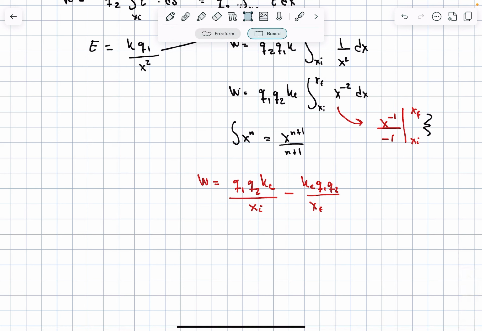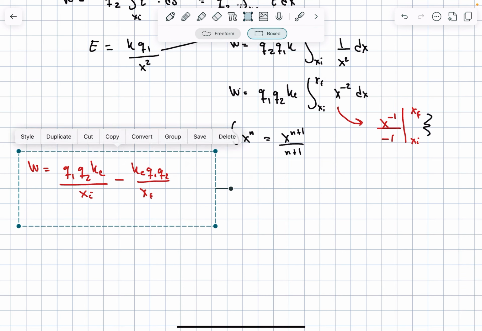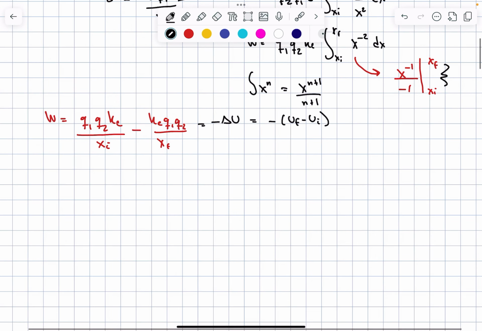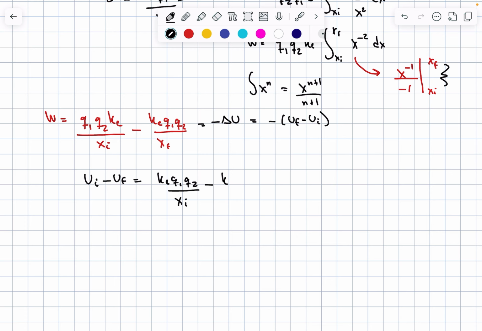Now, by definition, we know that the work is equal to the negative change in potential energy, which is equal to negative U final minus U initial. If we look at this here, I'll rewrite it one more time. So we have U initial minus U final is equal to K Q1 Q2 over x initial minus K Q1 Q2 over x final.